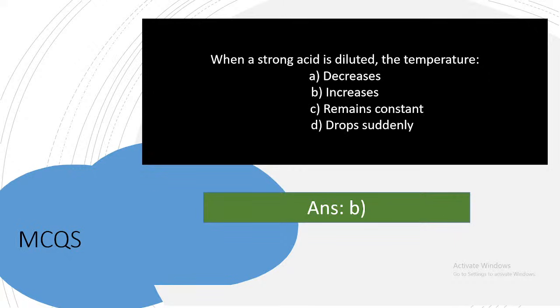Whenever you are diluting an acid, there is an exothermic reaction. As a result, heat is released, and when heat is released the temperature will also increase. So the correct option will be option B, not A or C. It will not remain constant because when you add water to the acid, an exothermic reaction occurs and heat is released.